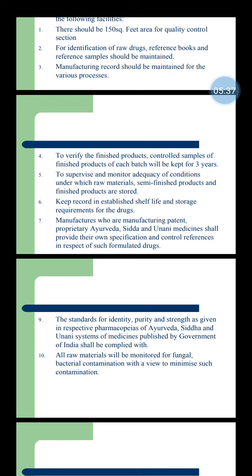Supervision is very important, and monitoring also gives the reporting of conditions required for raw materials, semi-finished products and finished products. Keep records of the established shelf life and storage requirements for each drug.